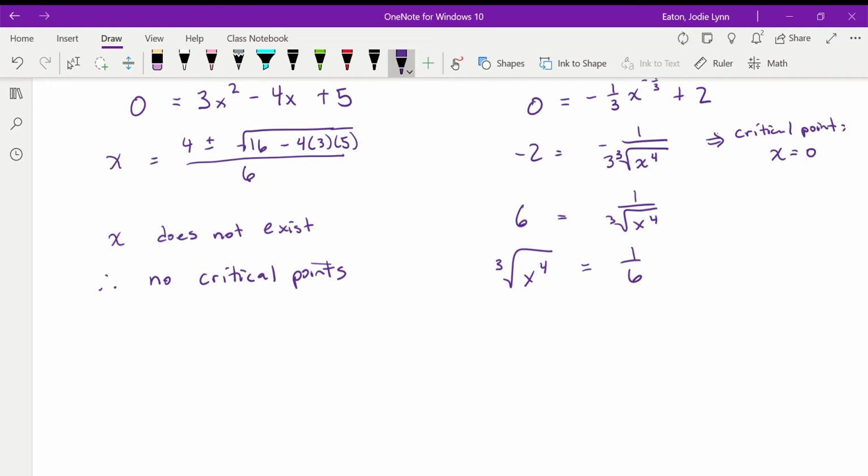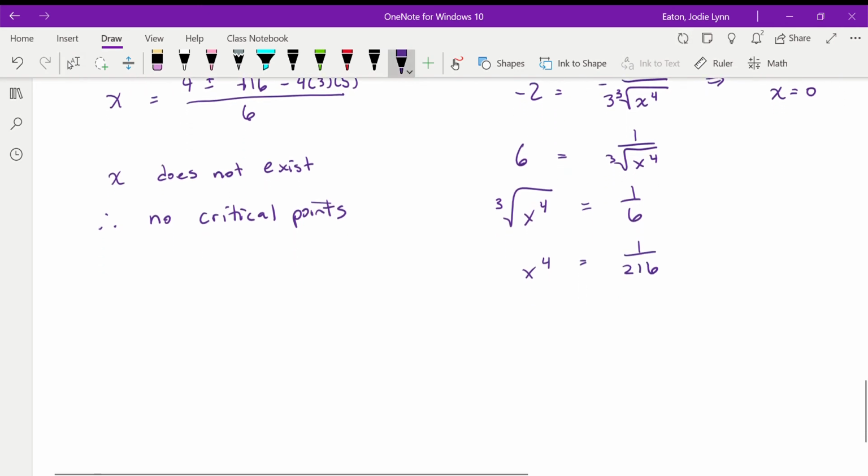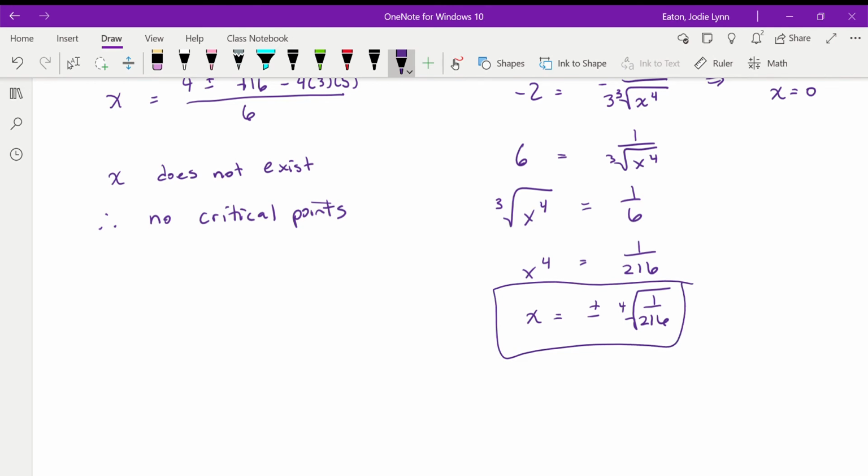So x to the 4th is 1 over 216 if we cube both sides. And x equals plus or minus the 4th root of 1 over 216. Remember, when you're taking even roots, you need to look at both the positive and negative. So these are also critical points that we're going to need to investigate.